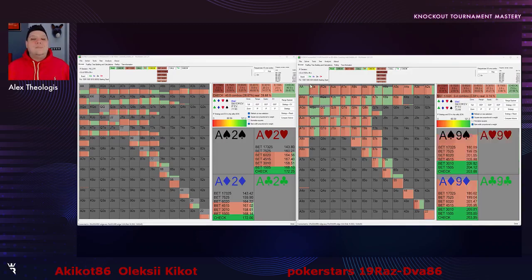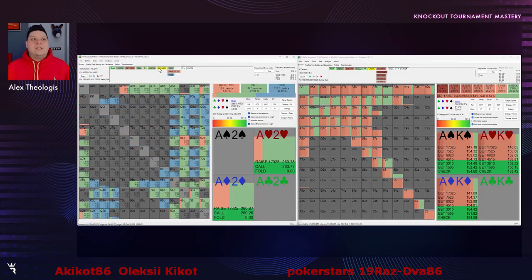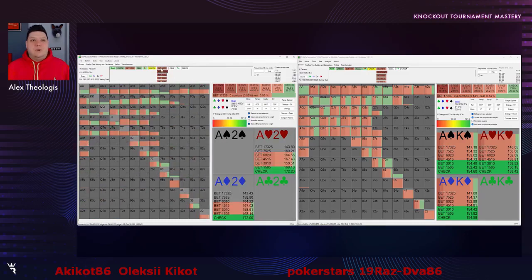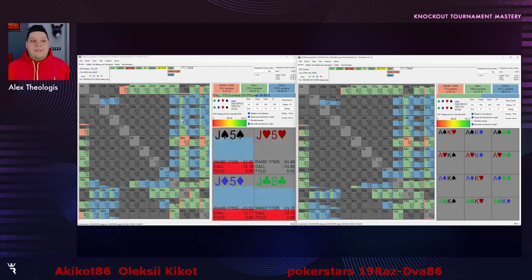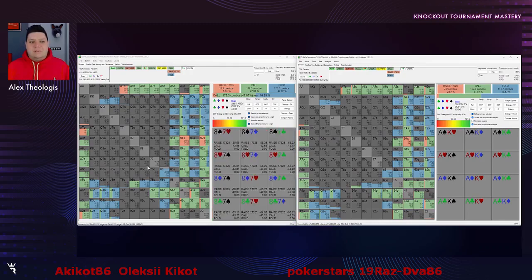We actually see a bit of a move towards a bigger sizing when the hijack is covered, and that's because of all the immediate auto folds that the big blind will have. So for example, against the 75%, which is the most commonly used sizing, we can see that actually the big blind is folding more when he's covering the hijack. And that's because he just has way more garbage in his range.